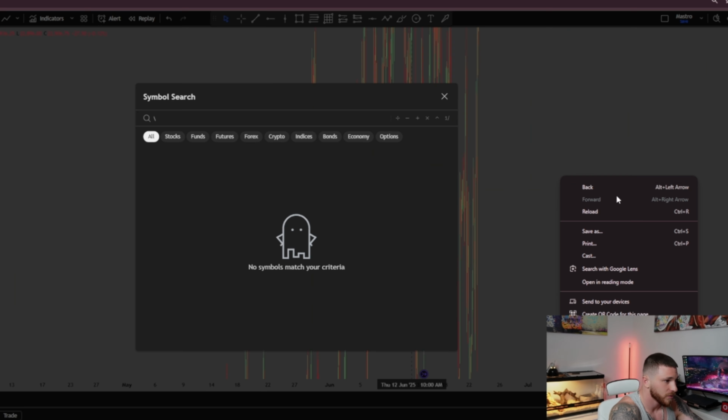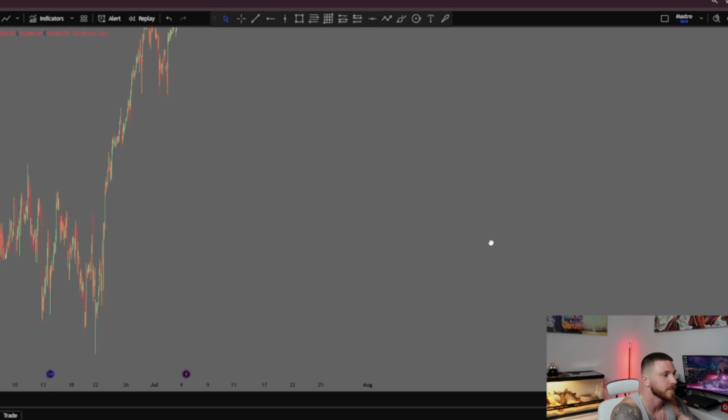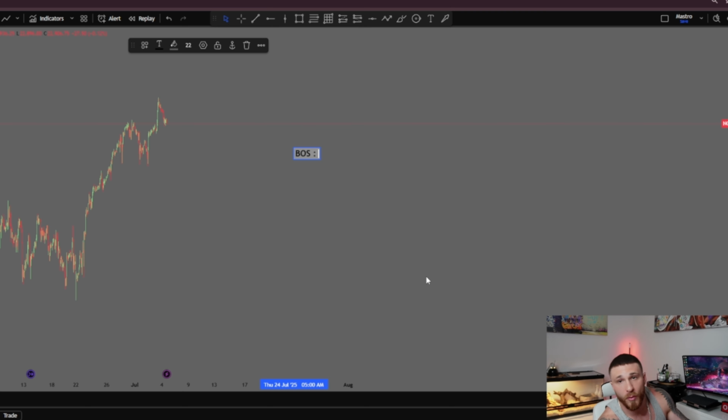All right, remove drawings. Let's go to the typing thing. So look. Break structure. We'll type it out for you guys literally. So, if we want a break of structure, if we're in a downtrend, what do we want to do? If we are in a downtrend, we'll just continue on.